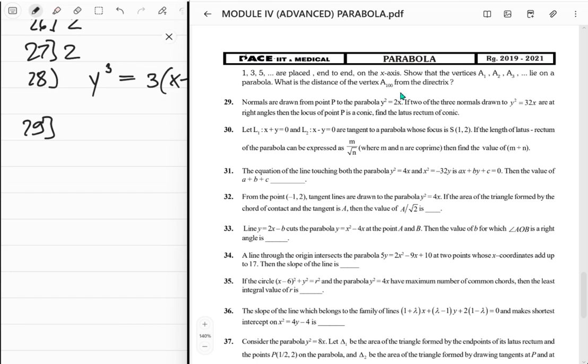It should, I think, be 32x, right? Okay, so I'm going to assume this was 32x as well, and then I'm going to solve this. Right, so you are saying T1 T2 is equal to -1, and the normals drawn are like, okay. Huh.